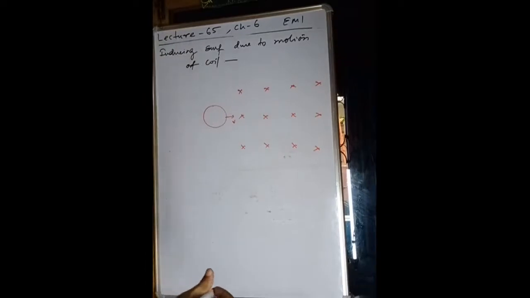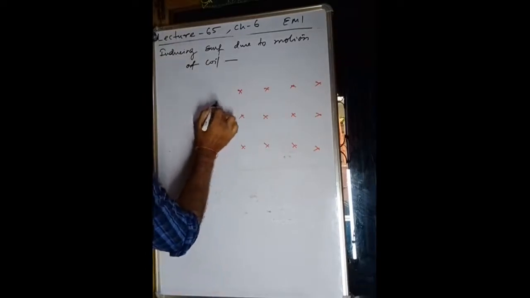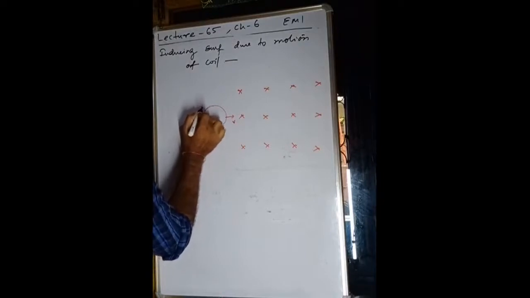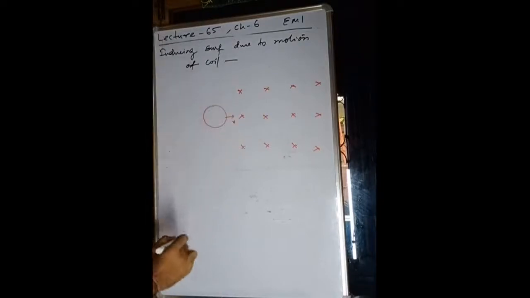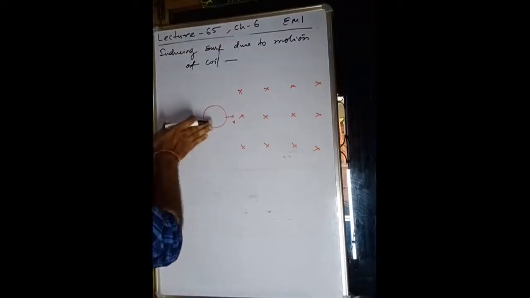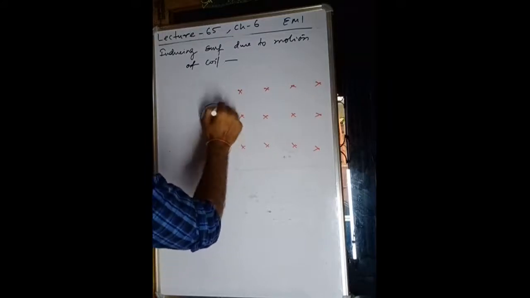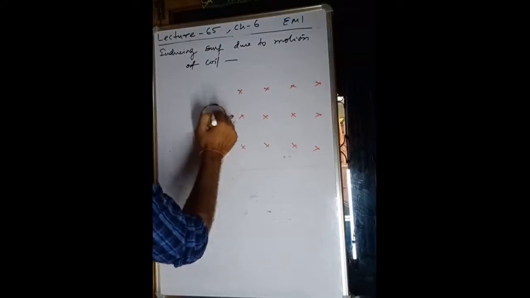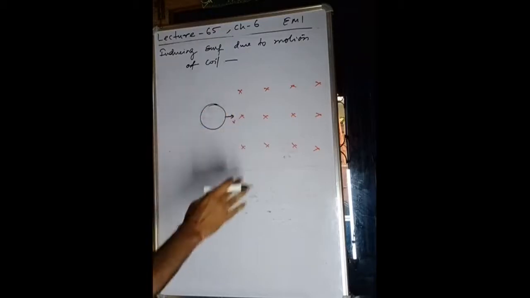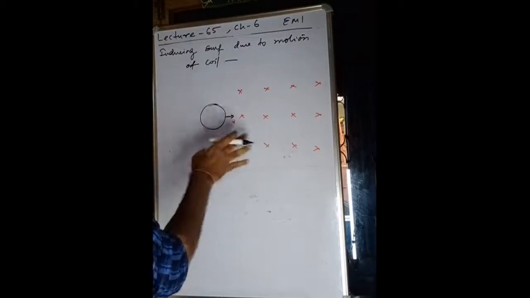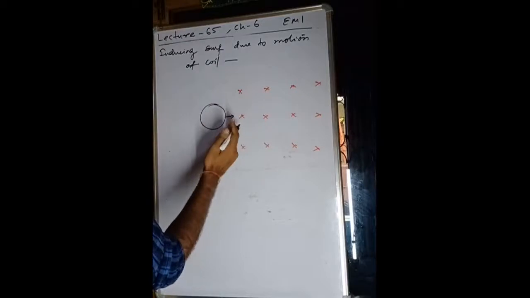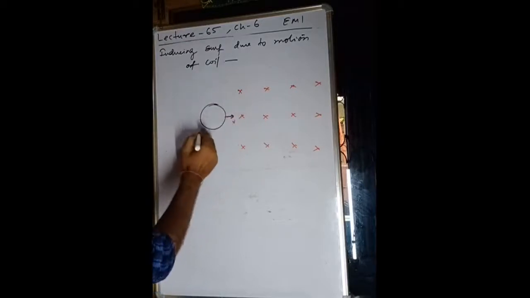My dear students, you have to find the direction of current, whether it will be clockwise or anti-clockwise. Okay, so how will we discuss it? Look at it. Let me draw this coil a little bit larger. As this coil starts moving inside the field, suppose it is out of the field, what is the net flux outside the field?